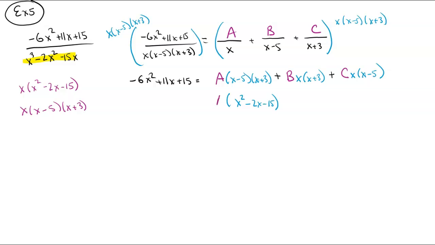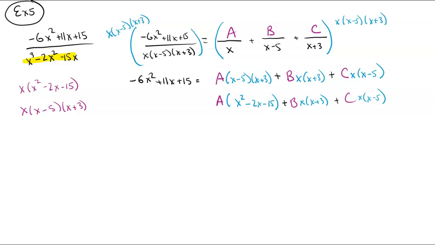Make our life a little bit easier, right? And then keep everything else exactly the same. So put a little addition sign there before I change my color. So this becomes b, and then x plus 3, and then c, and then x times x minus 5.